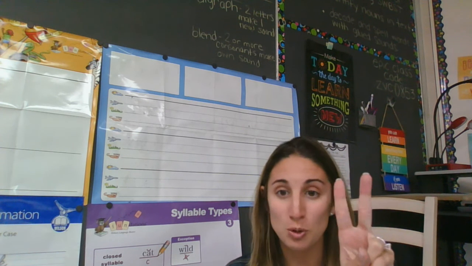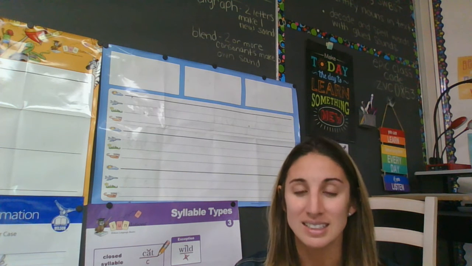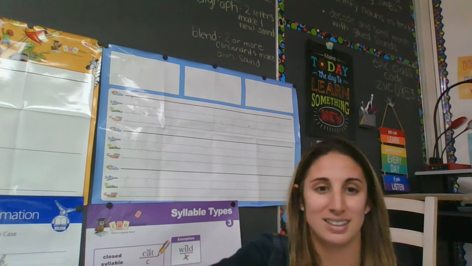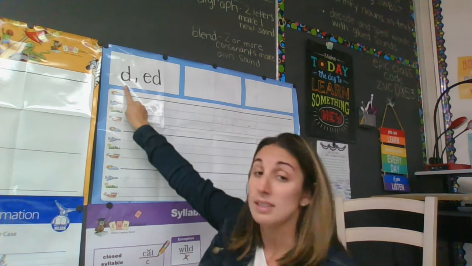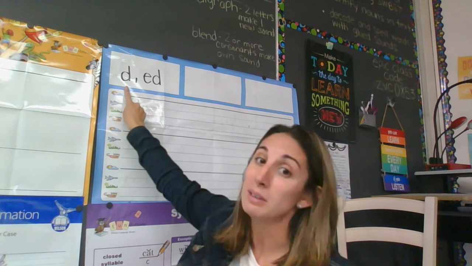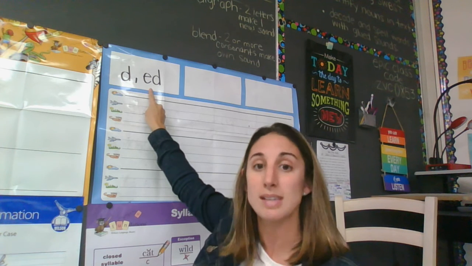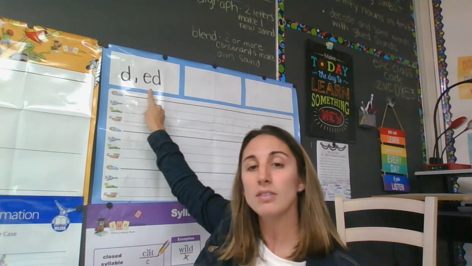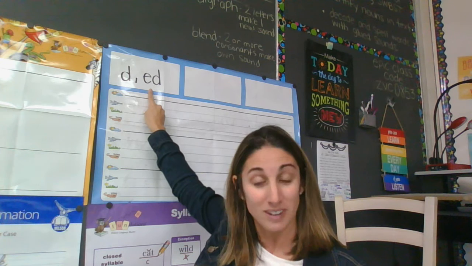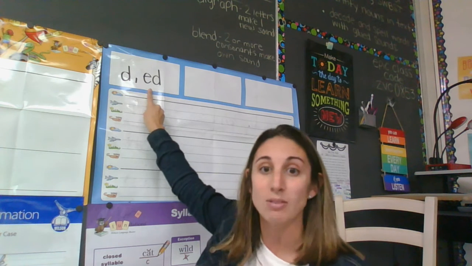There are 2 things you should be writing for D. Try it. Okay, check behind me. The obvious one is D, dogged. But remember, this suffix ed, sometimes when it's attached to the end of a base word, it sounds like d. Think of the word spelled, right? Spelled. Ed makes that d sound there.